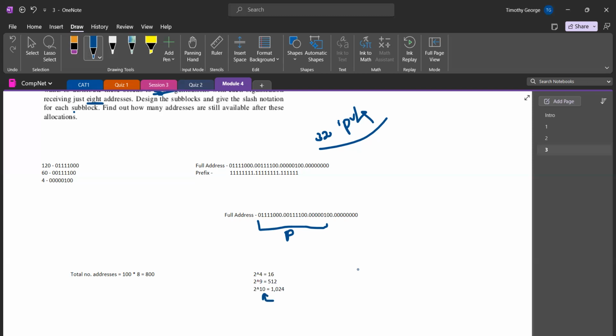We need 10 bits in order to represent 800. You're actually going to get more, because 10 bits can represent 1024 and we need 800. But if you take 9 bits, 512, that's too little. So 10 bits. Okay. How many 10 bits? 2, 4, 6, 8, 10.